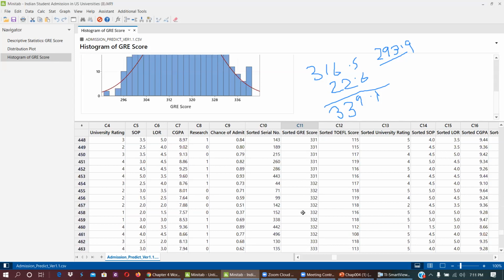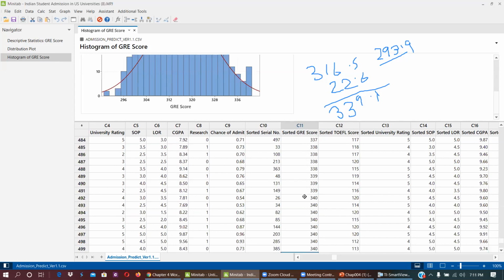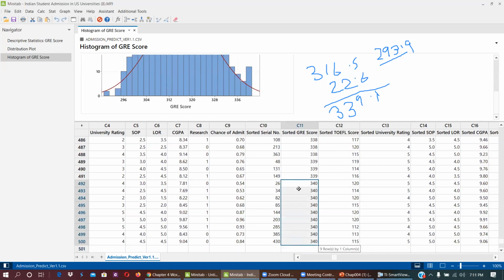Three numbers are not coming, and 340. How many are there? 1, 2, 3. How many? 1, 2, 3, 4, 5, 6, 7, 8, 9. So 9 plus 3, 12 numbers are not coming.